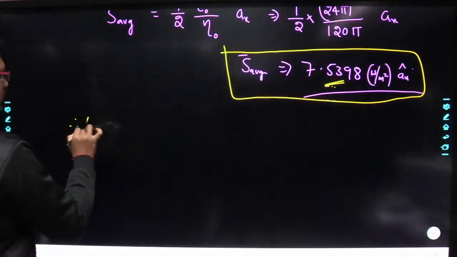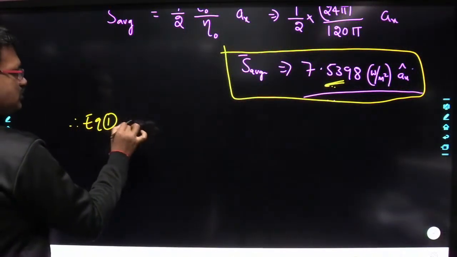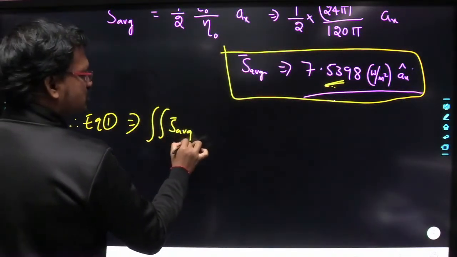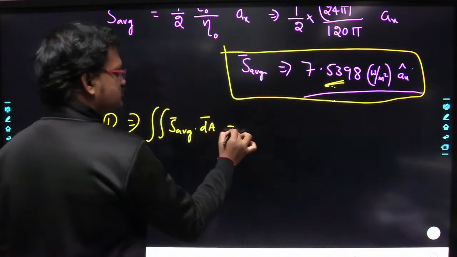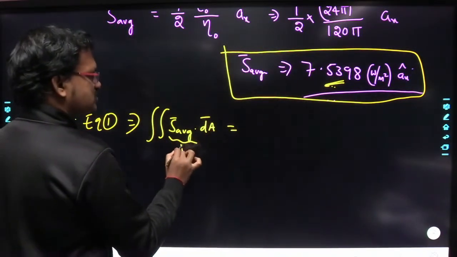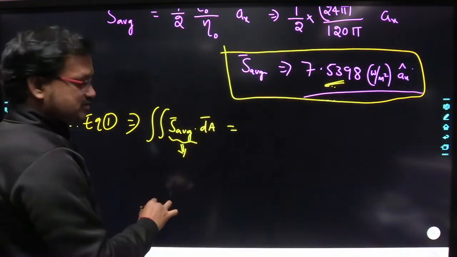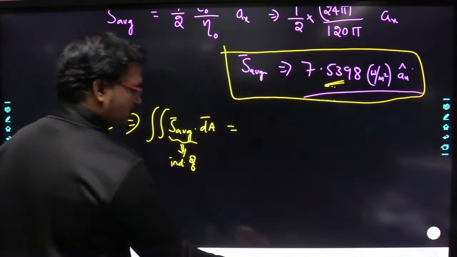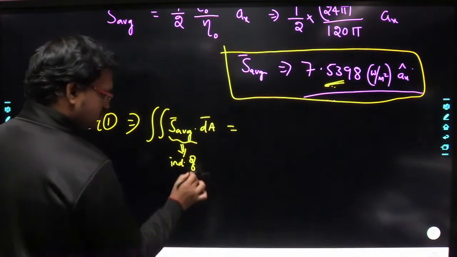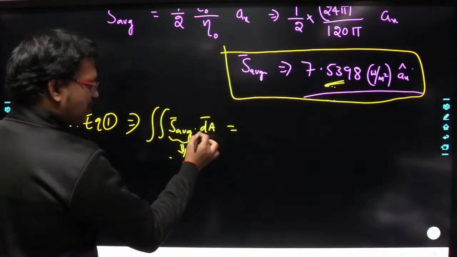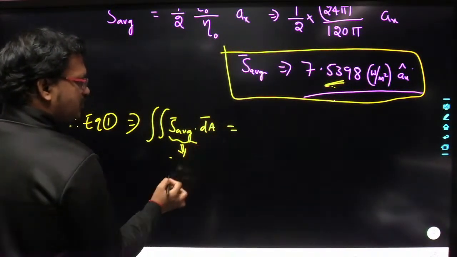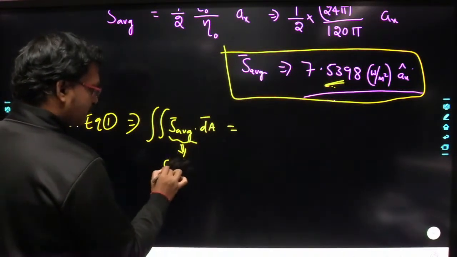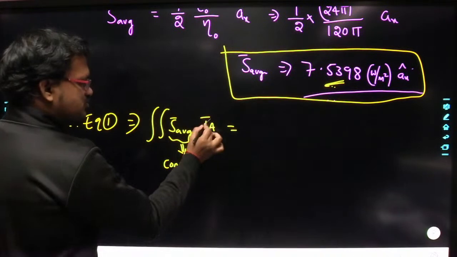So I can write equation 1 in this manner: double integral S average dot dA bar. Since S average is simply a number, it is independent of the integration variables, while dA bar has the spatial variables.